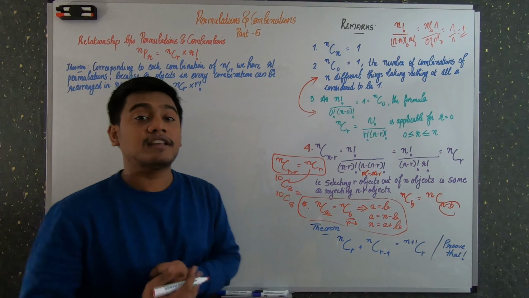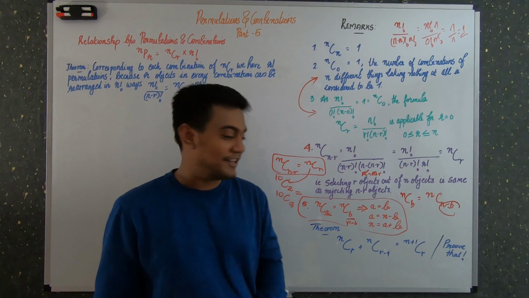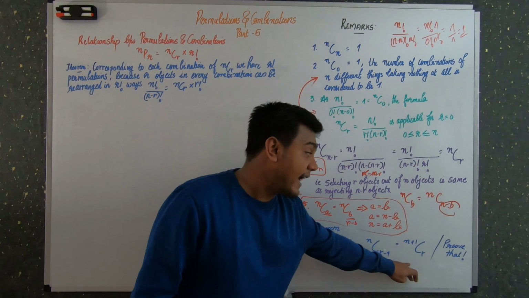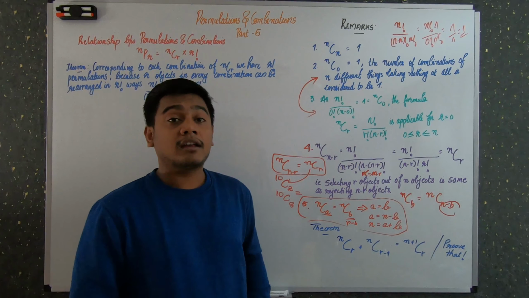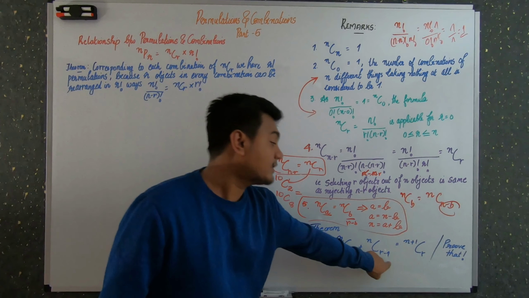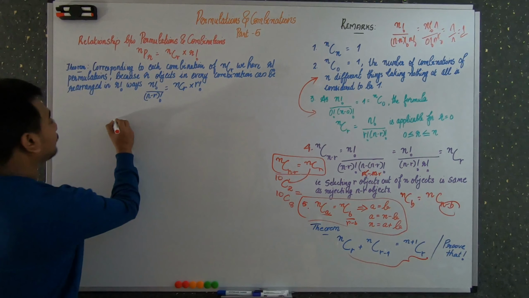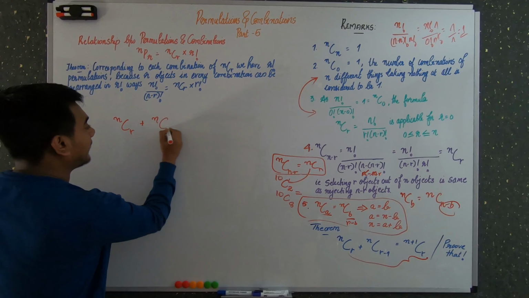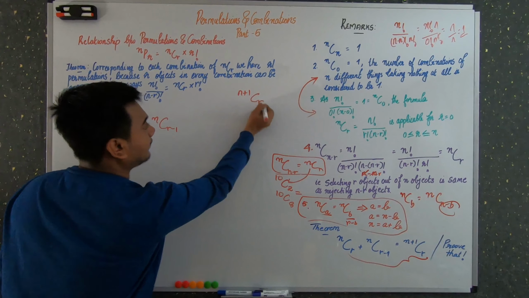And now we are going to discuss the last and final theorem in combination. So nCr plus nC(r minus 1) is equal to (n plus 1)Cr. And we are going to prove that this theorem is valid. For that, nCr plus nC(r minus 1) should give you (n plus 1)Cr, right?